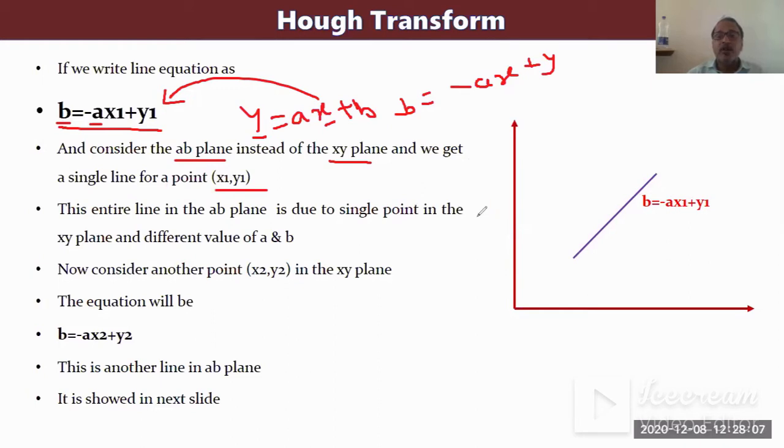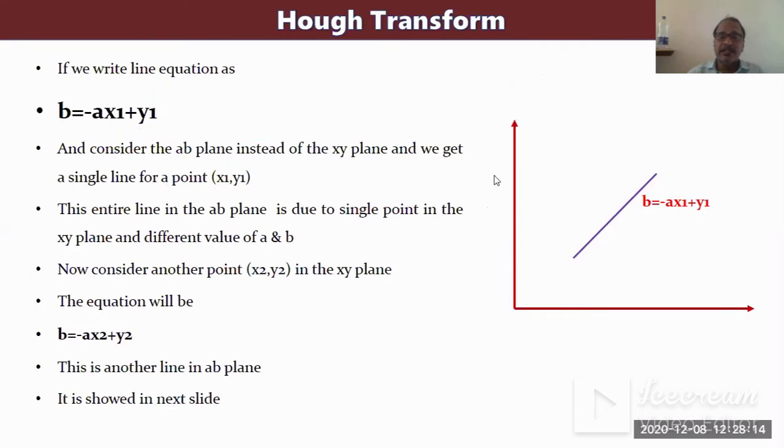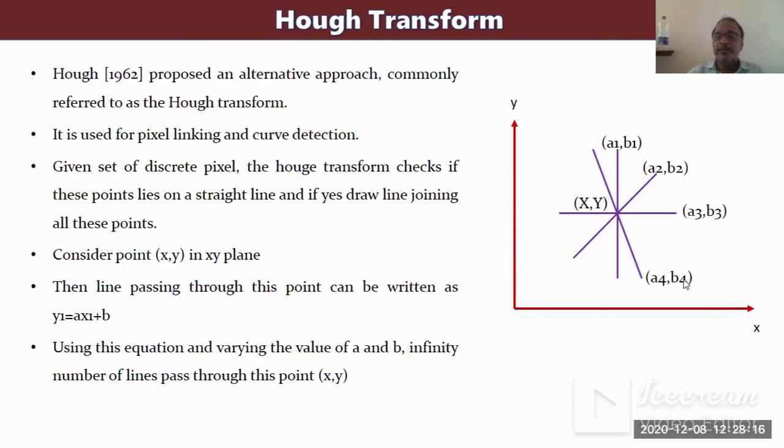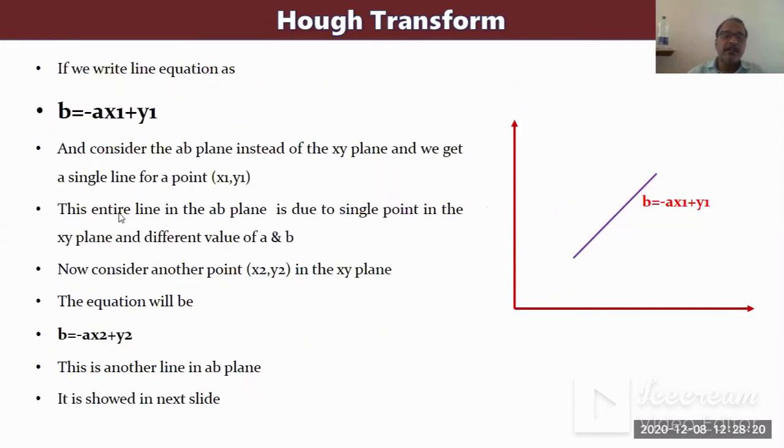For different values of a and b, we can draw the lines, as we discussed in a previous slide. So there are different values of a and b and a single point in xy.